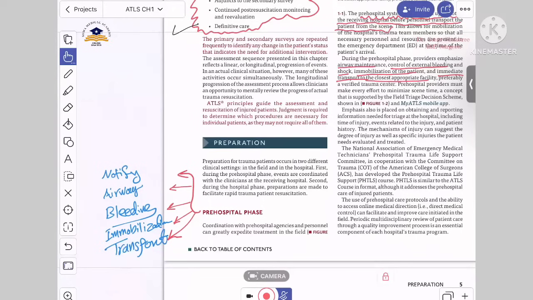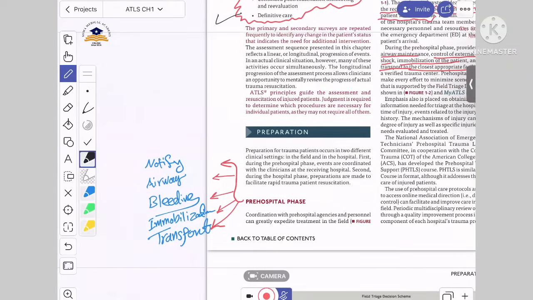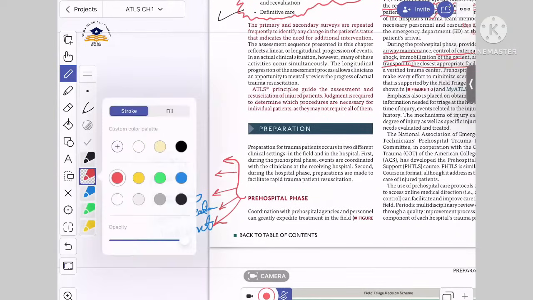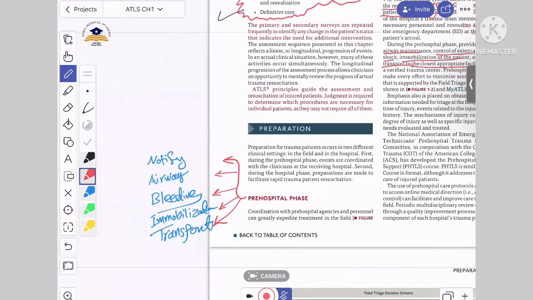First thing, if an accident occurs in front of you in the street, your action will be like this. You have to notify the emergency team first. If you are standing in the street and you see a trauma, please notify the emergency team, like 911 or, in Iraq, 122.